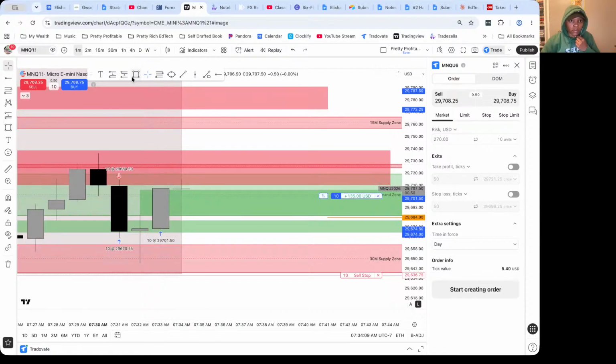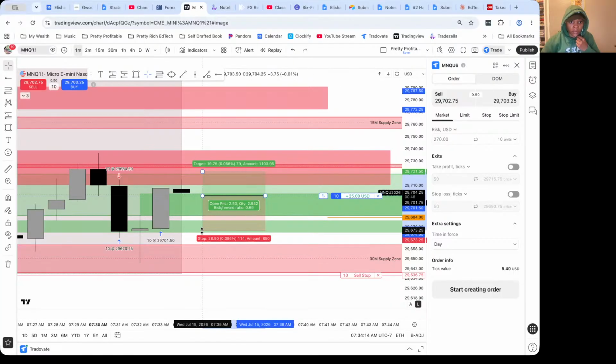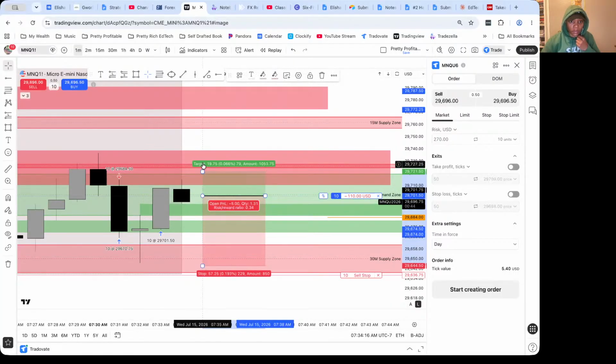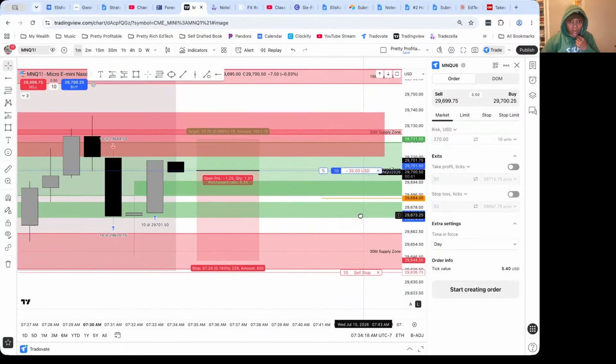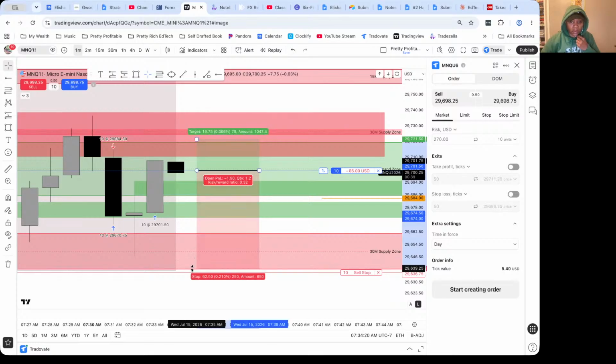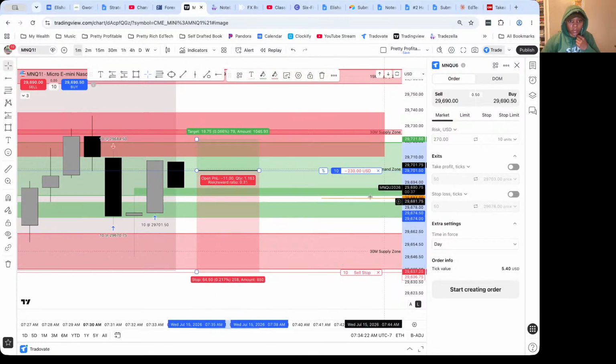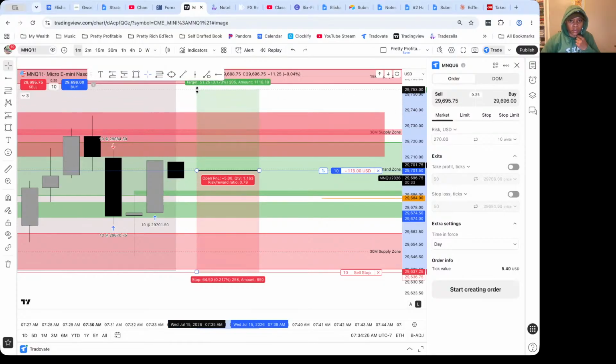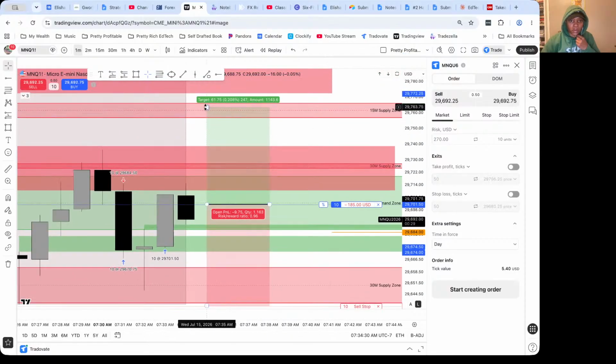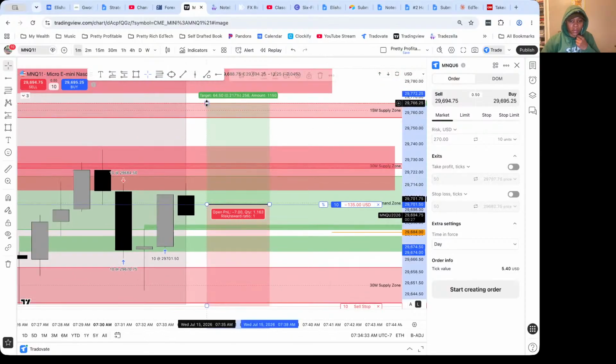Right there. Oh, blue line. My stop is down here. My target is up here. 101. Is it 101?